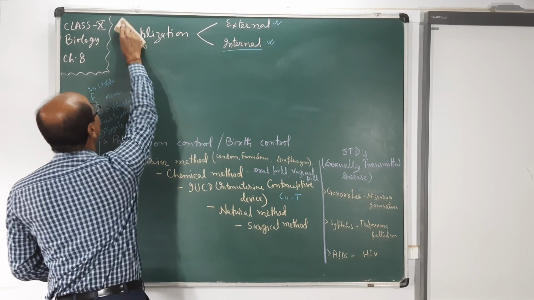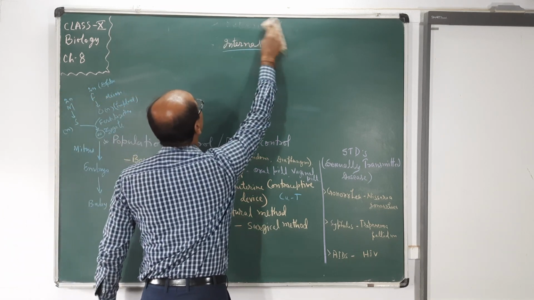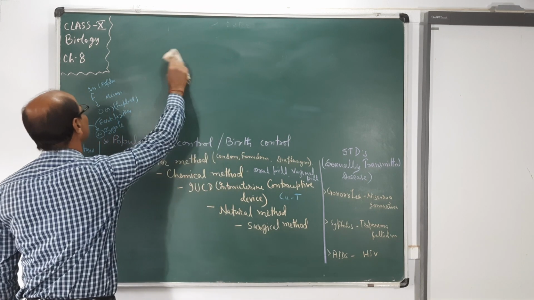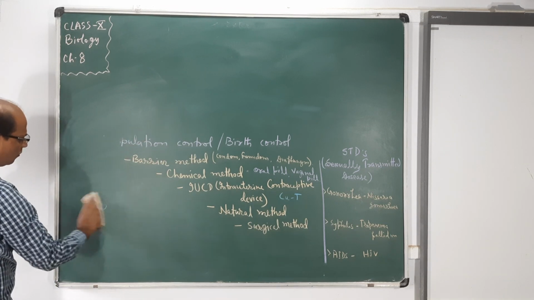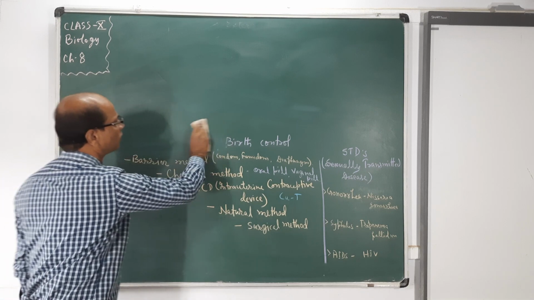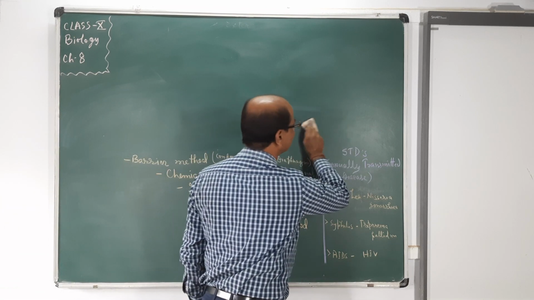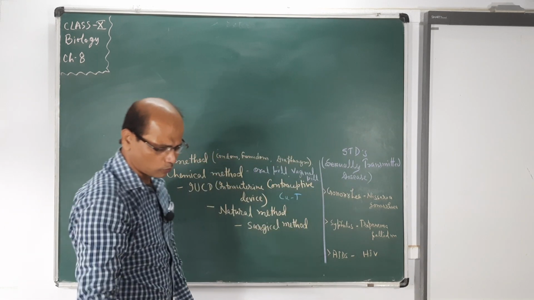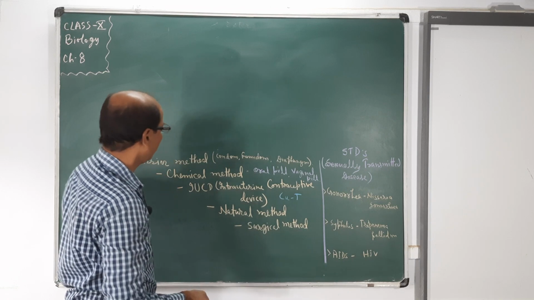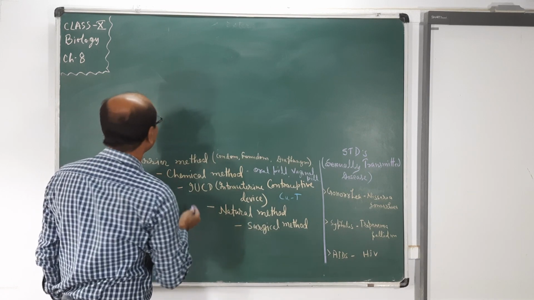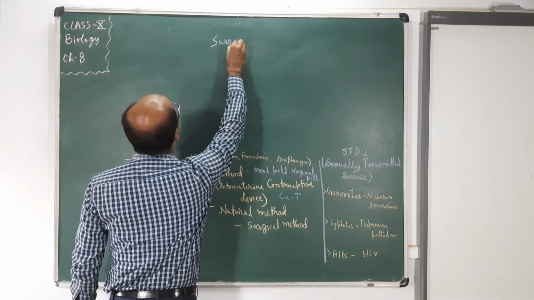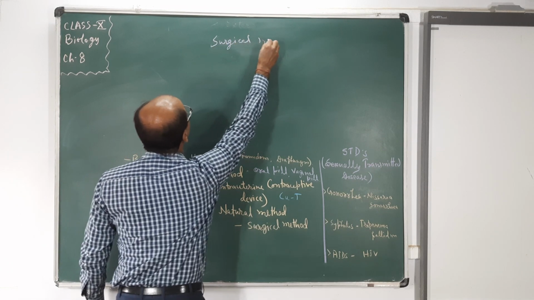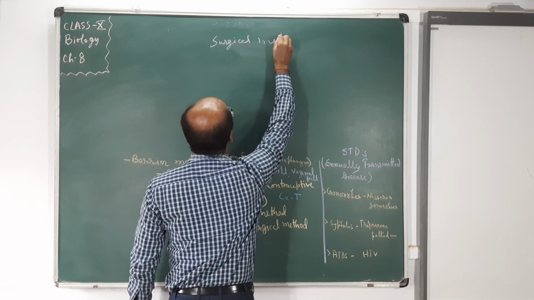Surgery takes place to control the passage of sperm from the male's body to the female's body. Means how we control this one. So see here, the surgical method is of two types.